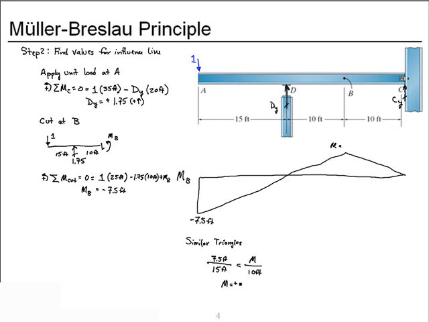So M is a positive 5 feet. Now we have our influence line. We can use it to figure out where to apply our live loads and calculate the live load effect.